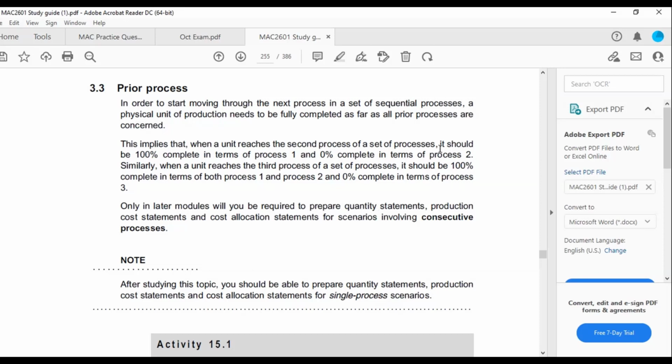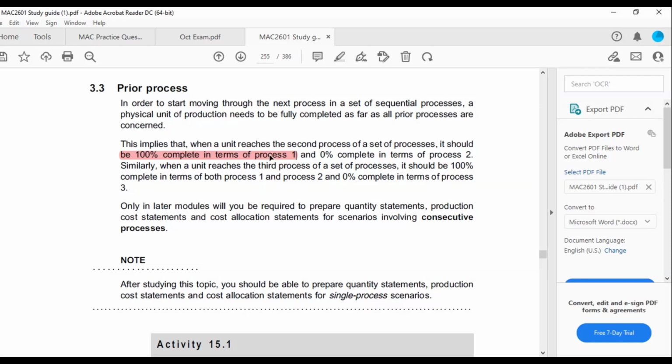This implies that when a unit reaches the second process, which in this instance will be the grounding of those coffee beans, these beans should be 100% complete in terms of process one.